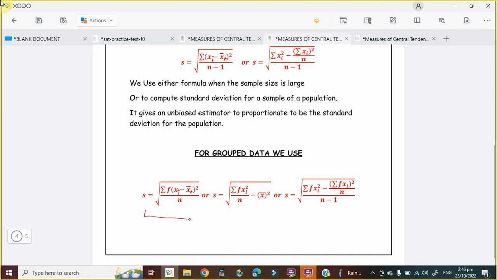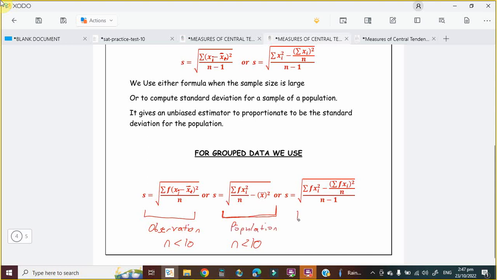And remember, we use this when it's for the observation or when the sample size is small, n is less than 10. This is the group data formula again when n is less than 10, and also if it's for the population.